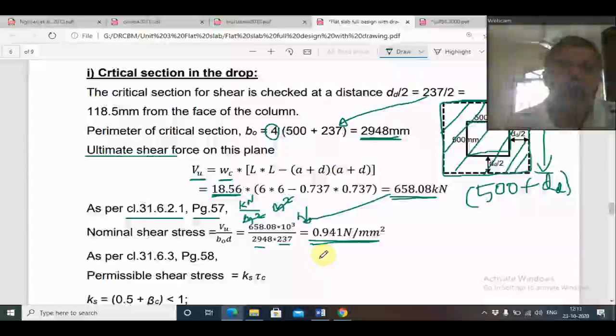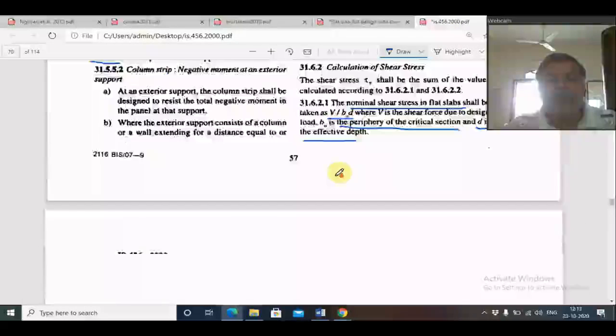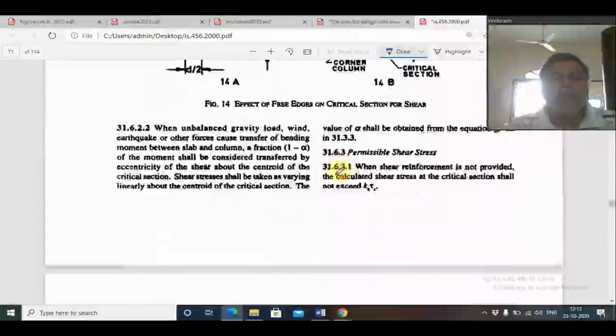Next what we have to do is compare this with the permissible shear stress. The permissible shear stress can be calculated according to clause 31.6.3, page 58.